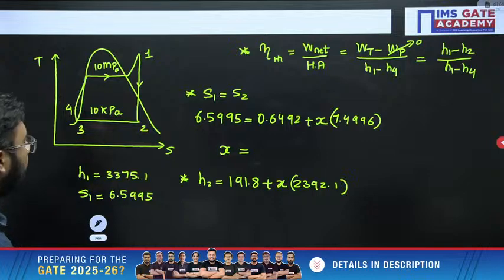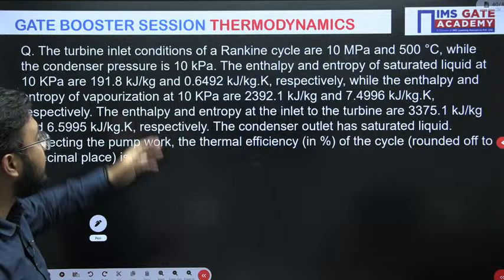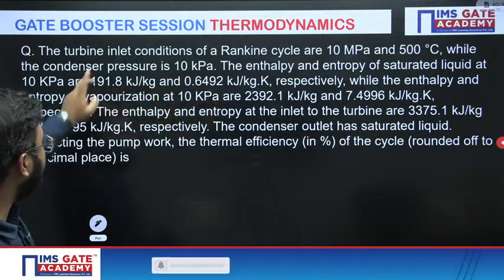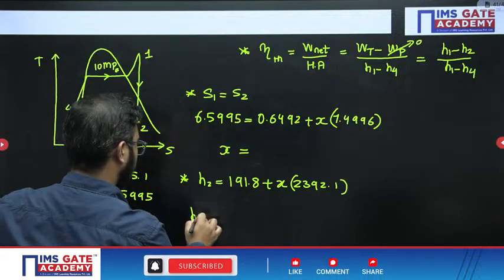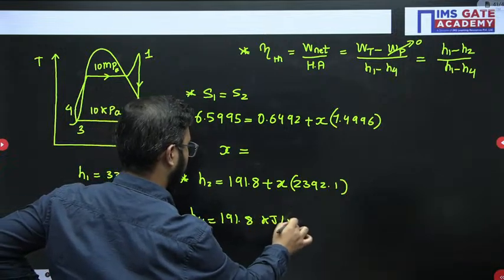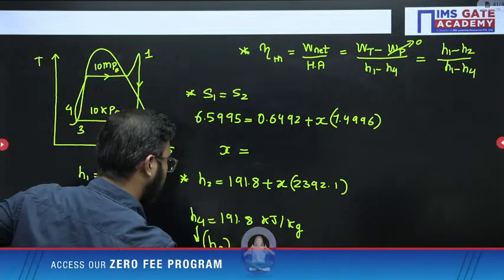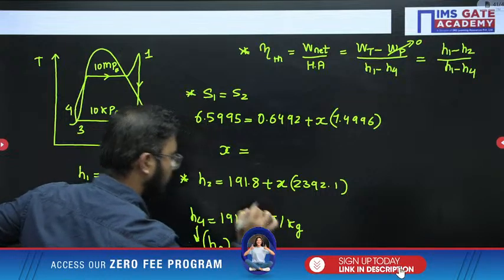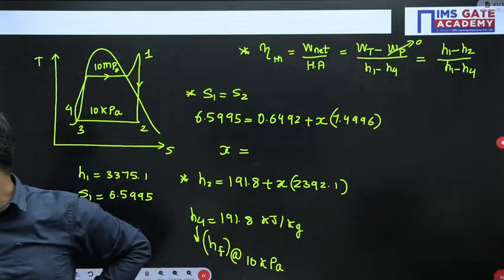What will be the H4 value? H4 is nothing but saturated liquid at 10 kilopascal, so that is given as 191.8 itself. It is nothing but HF corresponding to 10 kilopascal. So yes, dryness fraction 0.79.